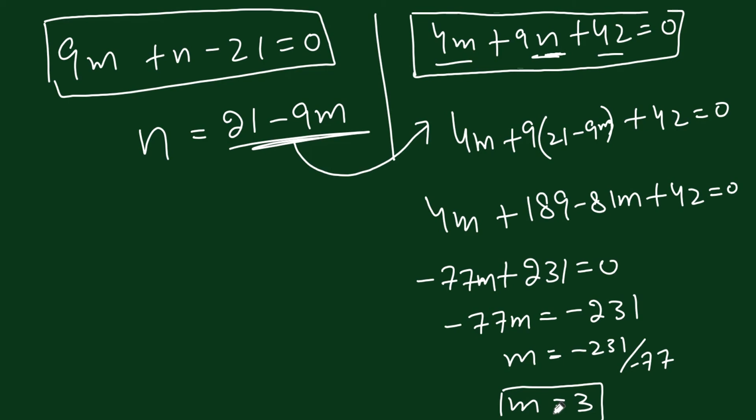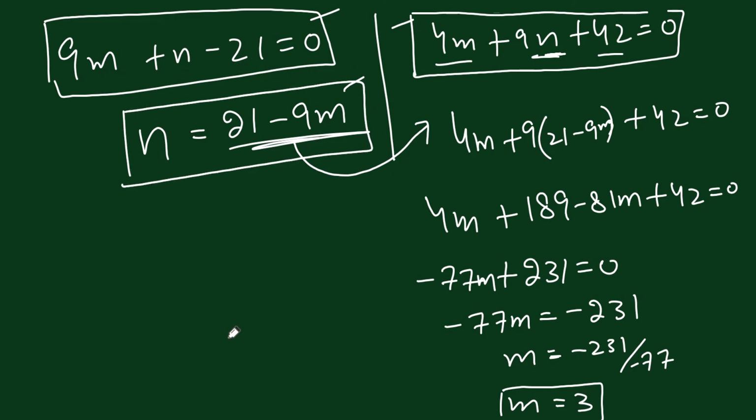But we had to find m and n. How do we do it in simultaneous linear equations? When we get one value, we substitute it back in any of the equations, either here or here, wherever you feel easy. Substitute the value of m, you will get n, because in that equation m and n are unknown. You know one, you can find the other, but best is using this one because n is already the subject.